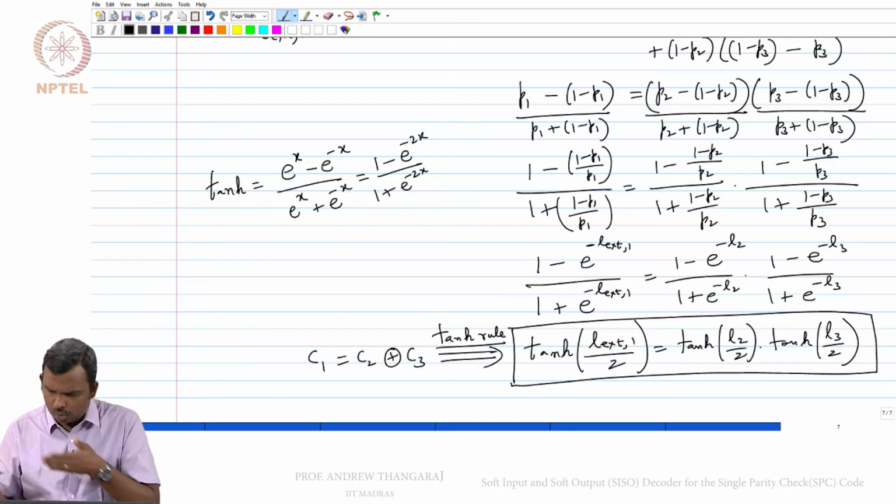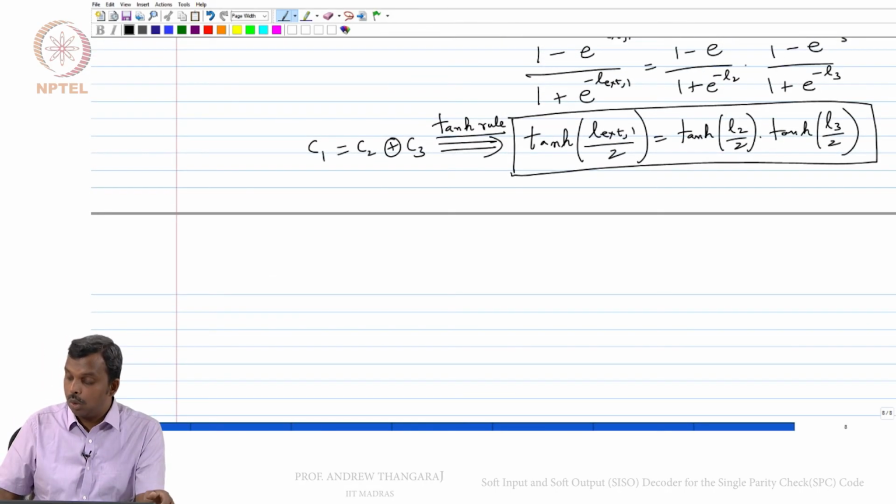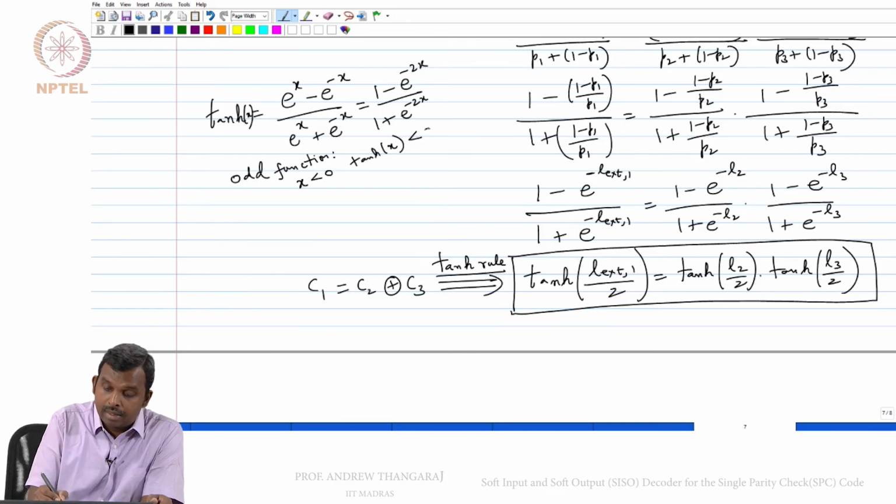Okay, it looks a little complicated, but one can do this with some plots. In fact, what people usually do is the following simplification. Tanh is an odd function. Also, if x is negative, tanh is less than 0.